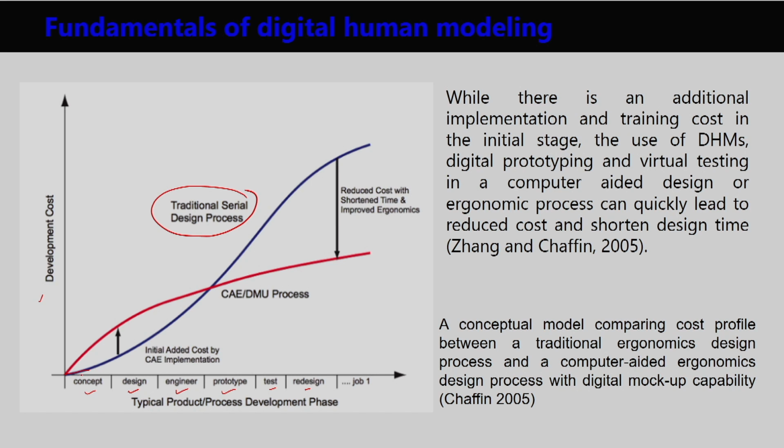In that case, what is happening in the first phase, concept design, the cost involved is low, but later on the cost is gradually increasing. So, in the prototype, testing, redesigning phase, the cost is high. On the other hand, whenever we go for computer aided engineering, digital mock-up, or digital human modeling trial, then at the beginning stage, like concept, design, engineering, the initial cost is high, but later on the cost is subsequently low.